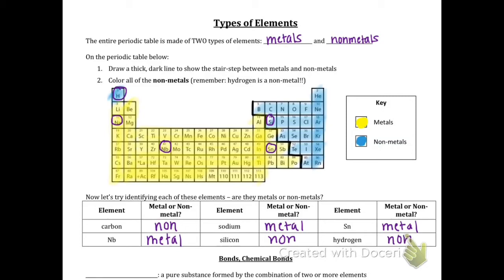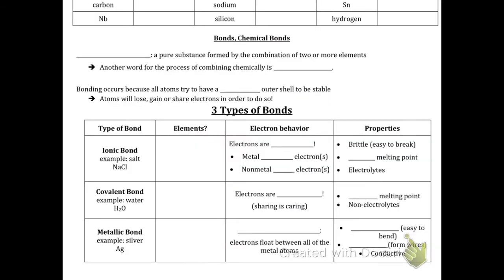All right, so now let's talk about bonds. Okay, so recap on what a compound is. A compound is a pure substance where you take two or more elements, remember two or more capital letters, and you combine them chemically. That chemical combination is called bonding.